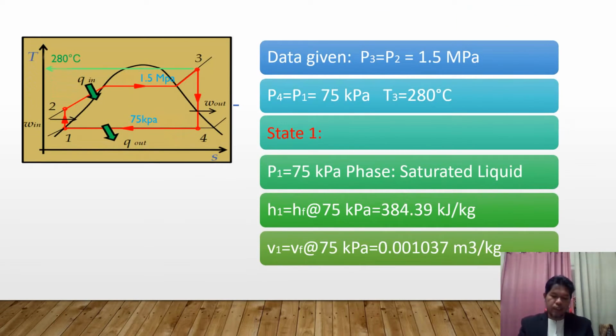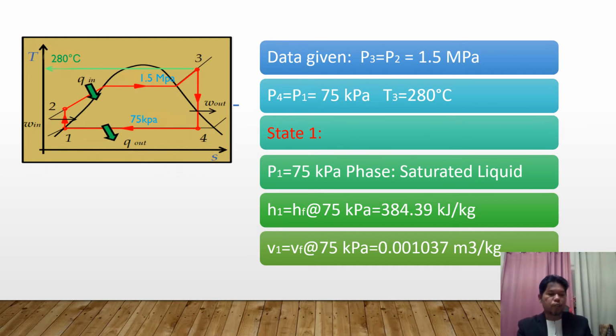Based on the TS diagram, it has 4 states. I will explain how to calculate the thermal efficiency. For state 1, the pressure P1 is 75 kilopascal and the phase is saturated liquid.